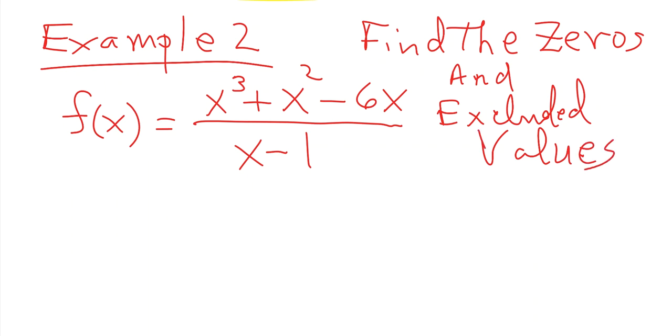By excluded values, we mean those values of x that put 0 in the denominator. Those values for x for which the expression becomes undefined.